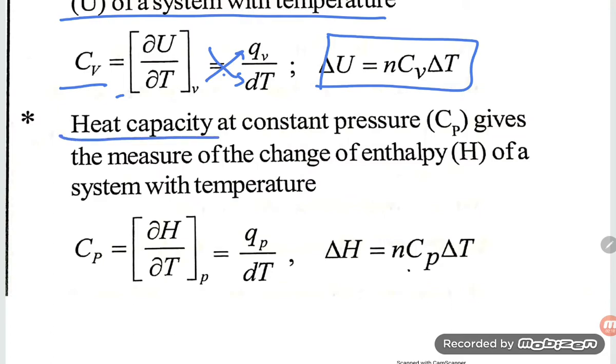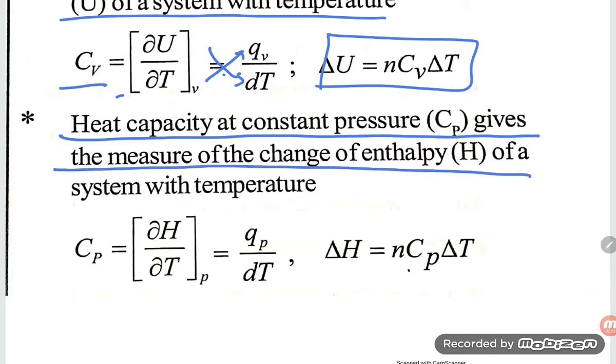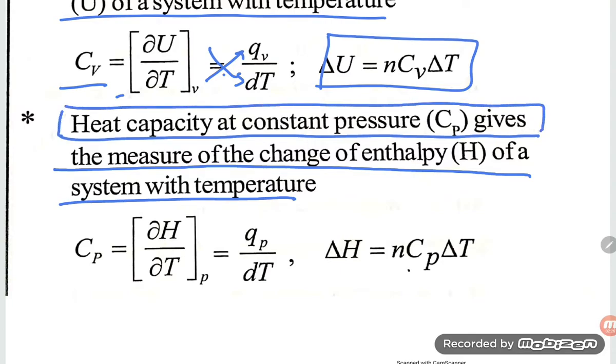Now, heat capacity at constant pressure Cp gives the measure of the change of enthalpy of the system. So at constant pressure, it is giving the heat capacity in terms of enthalpy. So heat capacity at constant pressure gives the measure of the change of enthalpy H of a system with the temperature.